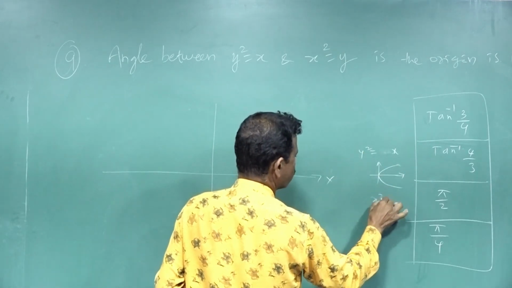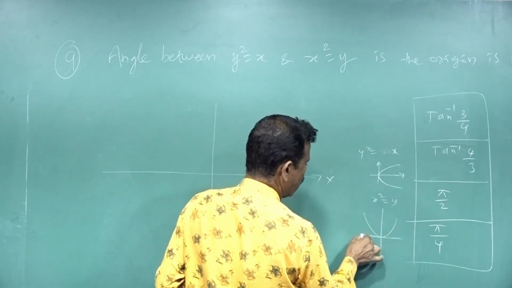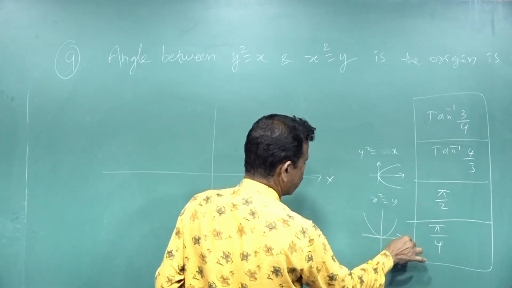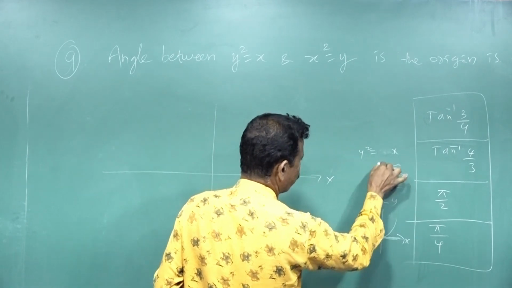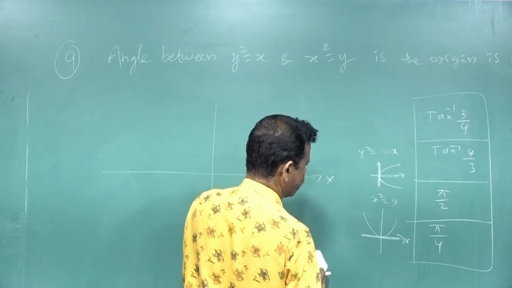Another curve, x square is equal to y, is the upward curve. So the tangent here is the x-axis, and here the y-axis is the tangent. The angle between the x-axis and y-axis is 90 degrees.